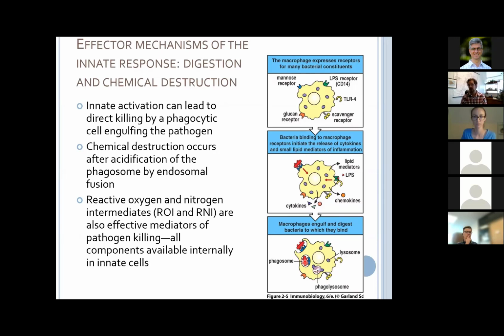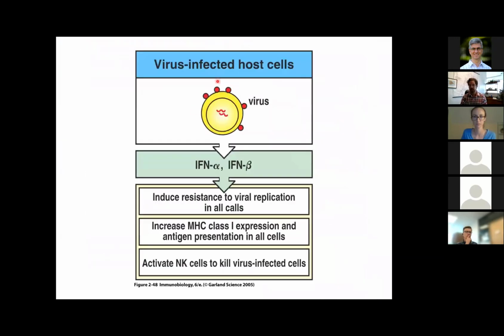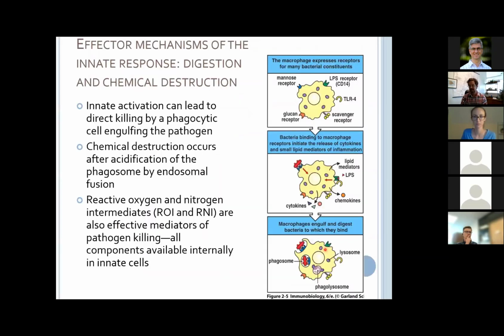And so the innate activation that's occurring on the epithelial surface that's causing the secretion of these cytokines will license these cells to start making toxic chemicals like nitric oxides and reactive oxygen intermediates that they will try to keep contained inside a vesicle inside the cell, that they'll fuse with any vesicle that has pathogen in it, and it will chemically destroy the pathogen.